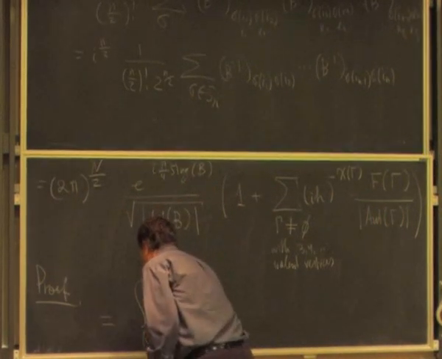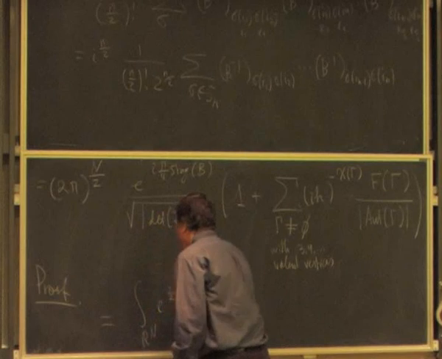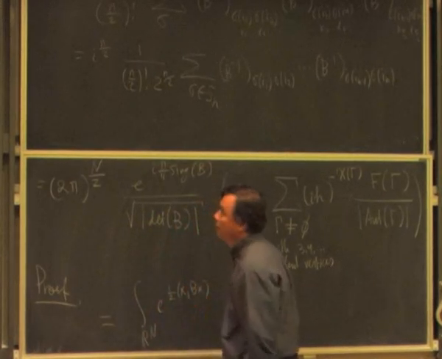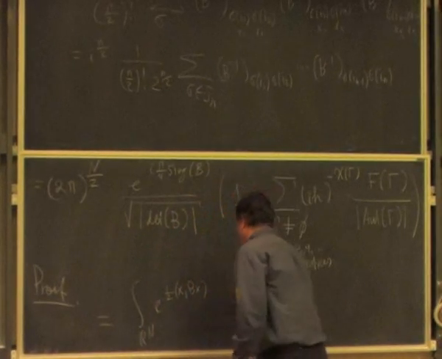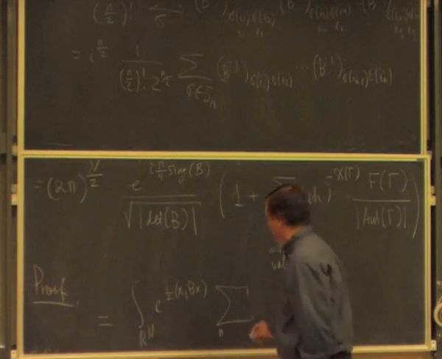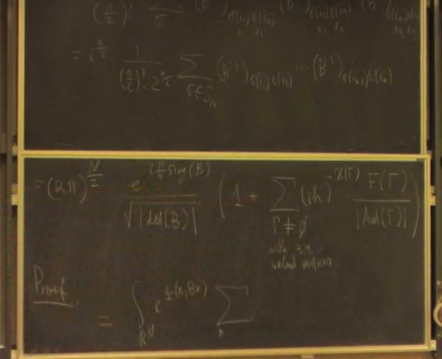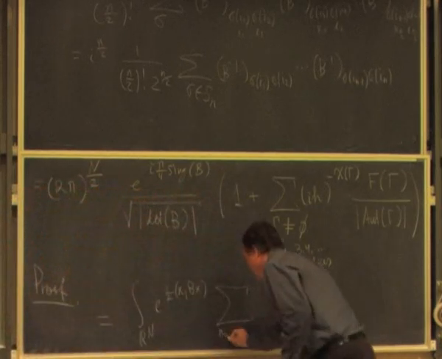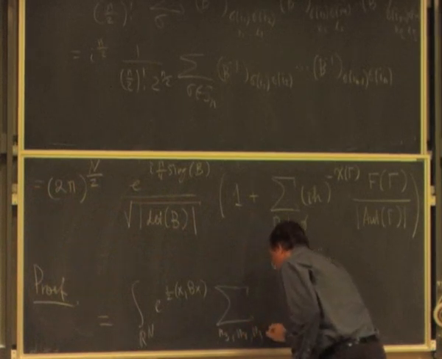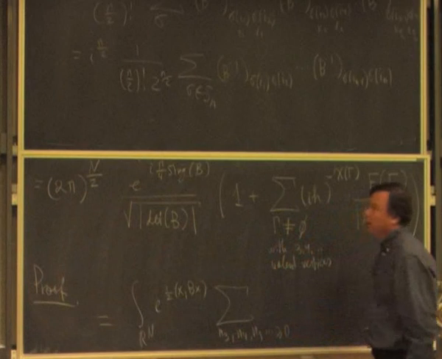So it's the integral over R^n of e to the i over 2 x B x, and then we have a sum. I will expand it in a power series in V3, V4, V5, and so on. So it will be a sum over n3, n4, n5, and so on, greater or equal than 0.